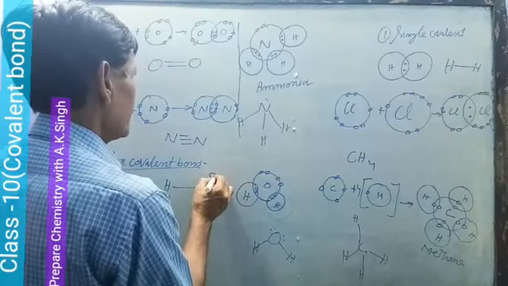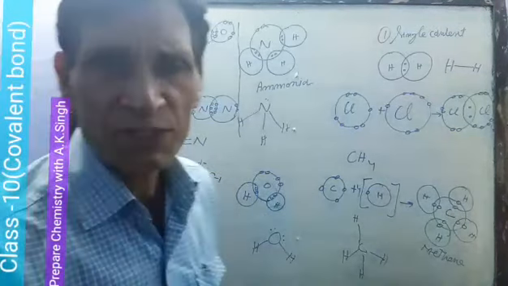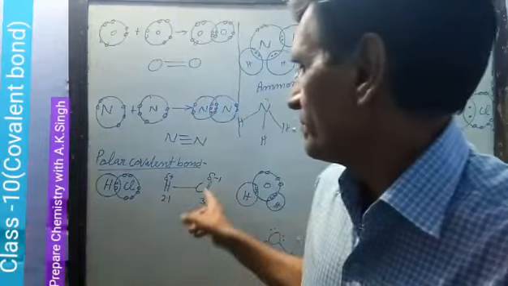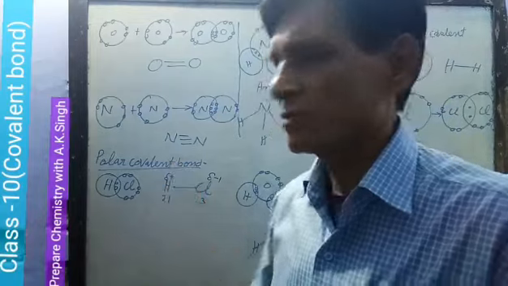This is why there is a partial negative charge here and a partial positive charge here. Their polarity is developed and this is a polar covalent bond.